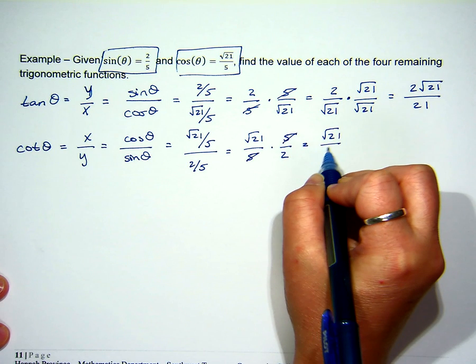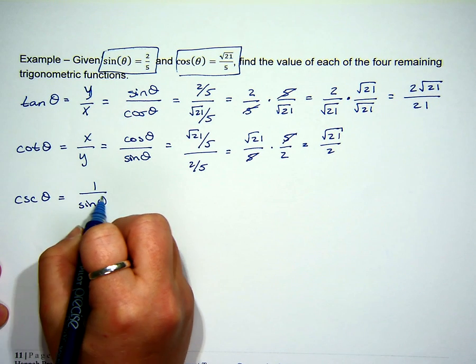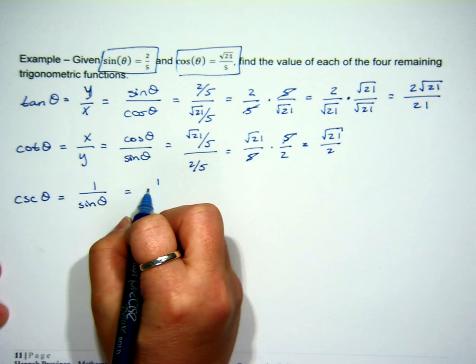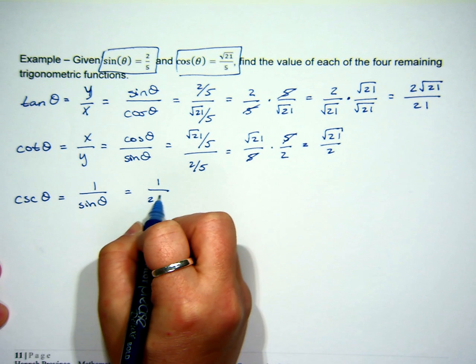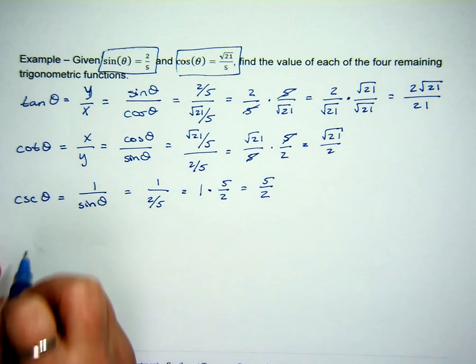Square root of 21 over 2. Cosecant theta. Cosecant is the reciprocal of the sine function, so it's 1 over sine theta, which will be 1 over 2/5, or 1 times 5/2, right? Fraction division. Changing it to multiplication, simply getting 5/2.